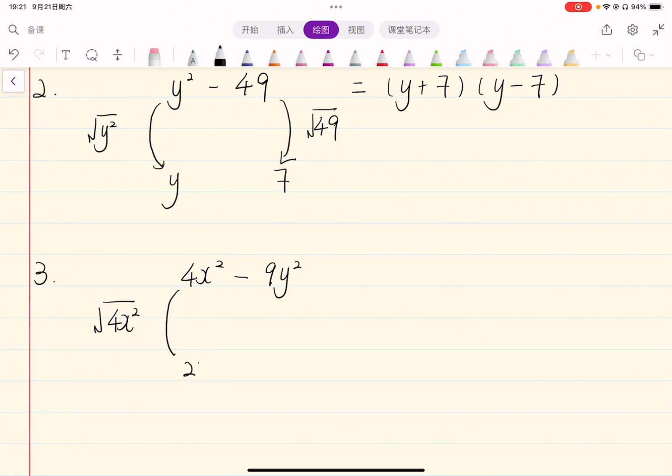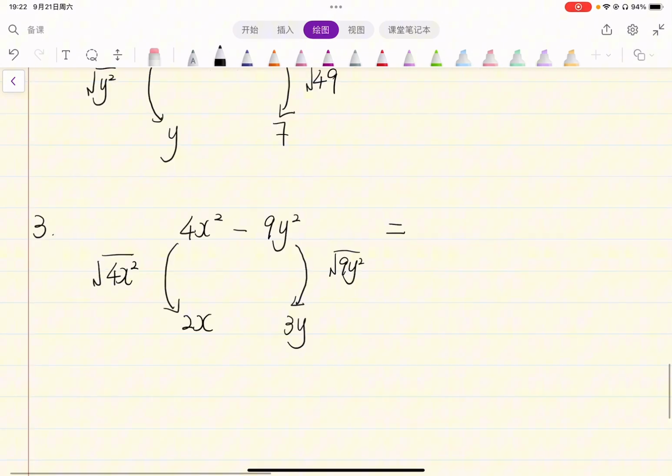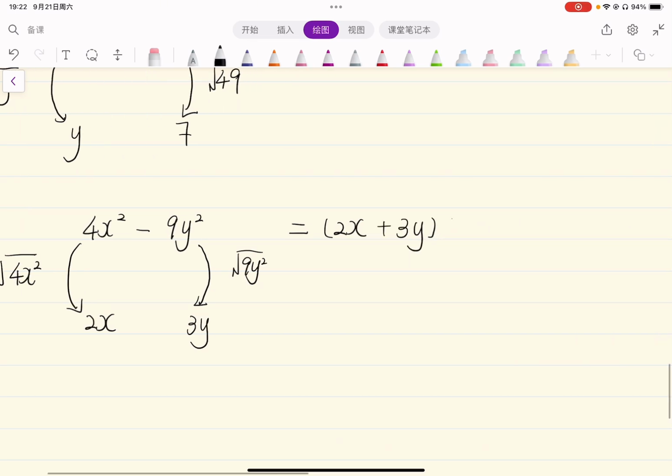We get 2x, right? And also we need the square root of 9y squared. We get 3y. So we can write 4x squared minus 9y squared equal to 2x plus 3y times 2x minus 3y.